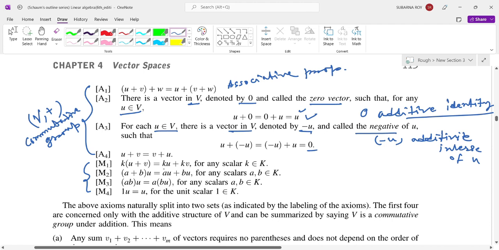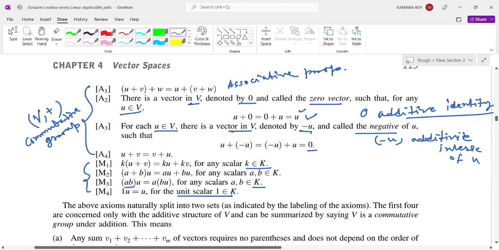And the last four are about scalar multiplication with vectors. So k times (u plus v), where u, v belong to V and k is a scalar, gives ku plus kv for any scalar k belonging to K. And if we take two scalars a and b from K, then (a plus b) times u equals au plus bu, where u is a vector belonging to V. And for any two scalars a, b, (ab) times u can be written as a times (bu). And 1 is the unit scalar in K, then 1u equals u.